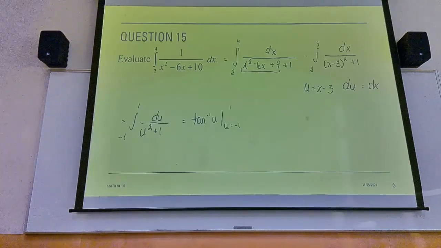That is the inverse tangent of u. What is the inverse tangent of 1? What is the inverse tangent of -1?